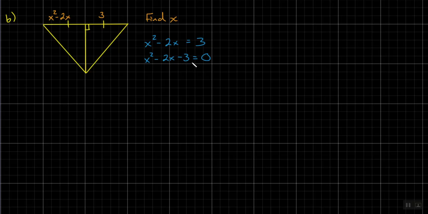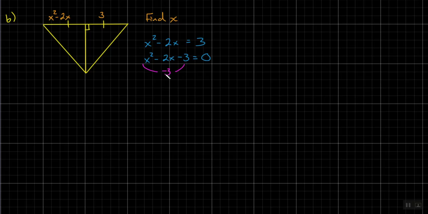There's nothing that goes into all 3 of these. So what do I do? So how do I group it? So a 1 times a -3 is a -3.